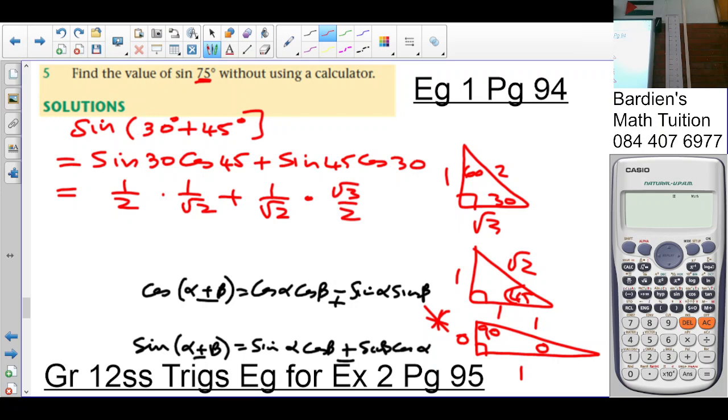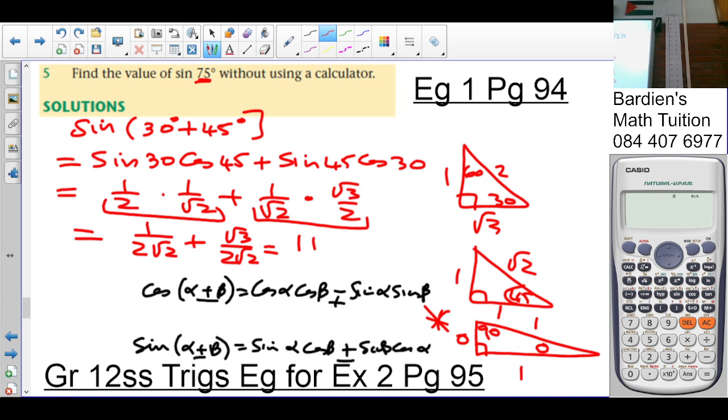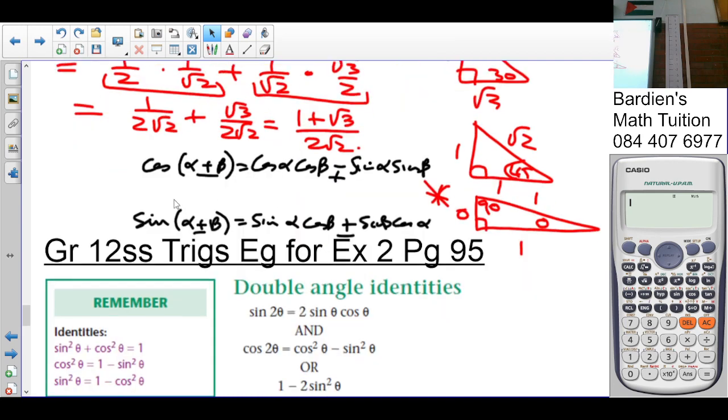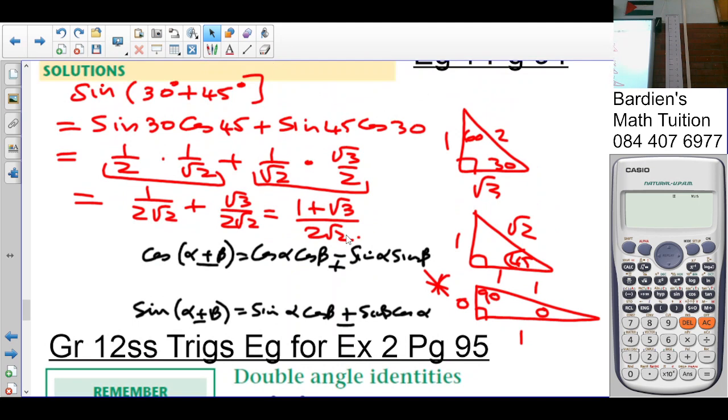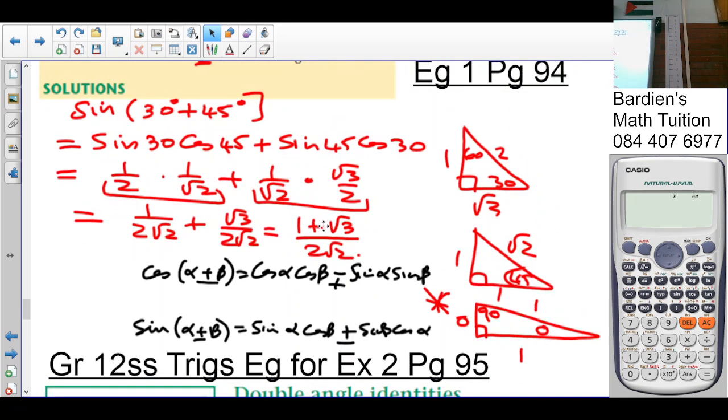Can you see that, people? So what does that now give us? Let's simplify our terms first. So that's going to give you 1 over 2 root 2 plus root 3 over 2 root 2. And that is 1 plus the root of 3 over 2 root 2. Okay. You can rationalize the denominator, but I wouldn't, because this deals with paper 2, whereas paper 1 normally would ask you to rationalize the denominator.